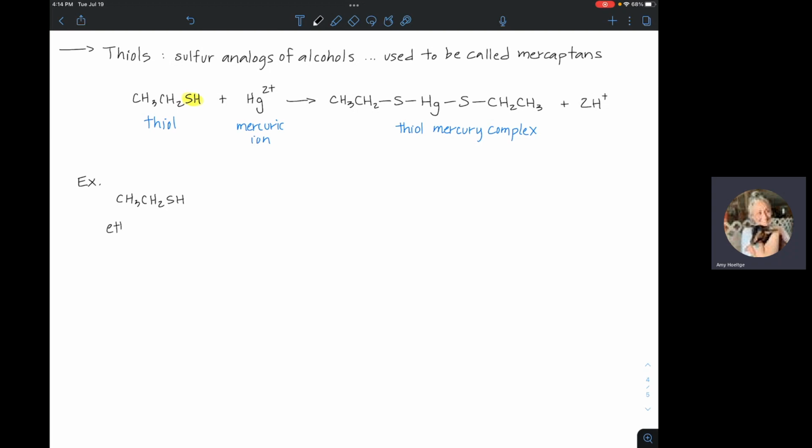So we have ethanethiol, all one word. Or I could draw something a little bit more complicated and put a substituent on the molecule.